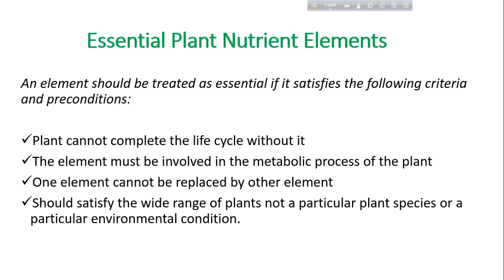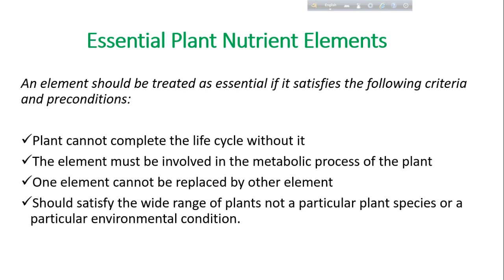So come to the point of plant nutrient elements, particularly essential plant nutrient elements. As we know, there are 118 elements present in the biosphere. Among them, the plants can absorb nearly 60 elements, of which only 16 elements are essential for the plant system.